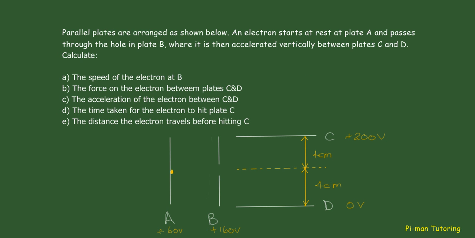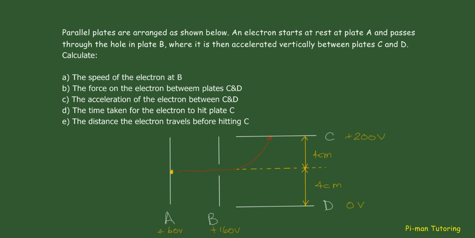There are 4 parallel plates, 2 vertical, A and B, and 2 horizontal, C and D. We've got an electron that's starting from position A and is making its way through the horizontal electric field, through this hole in plate B, where it's then going to come under the influence of the electric field between plates C and D, and we're going to see that it's going to be deflected upwards by that field, and at some point it's going to strike plate C.